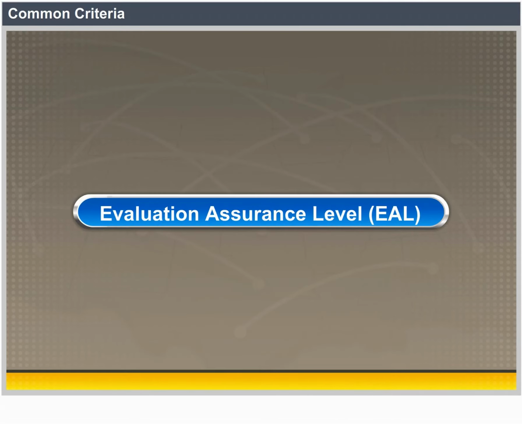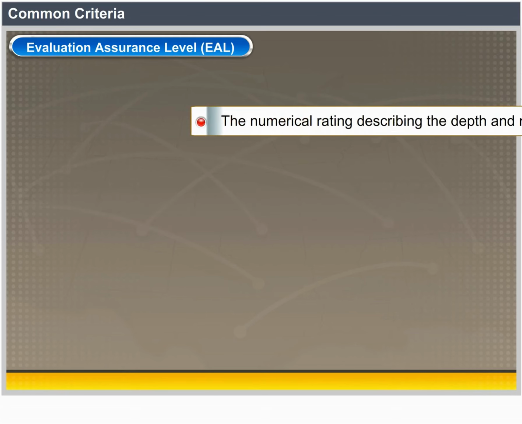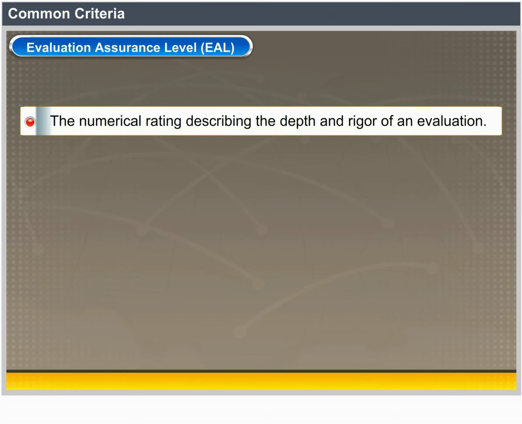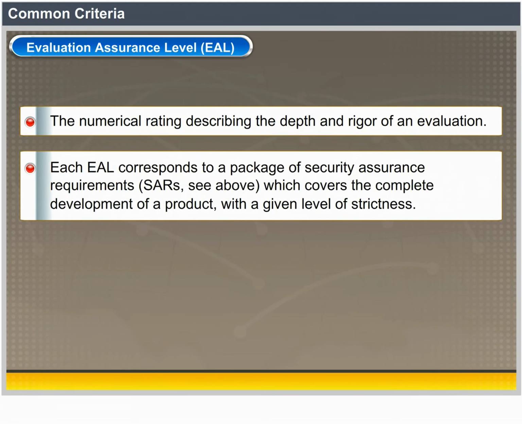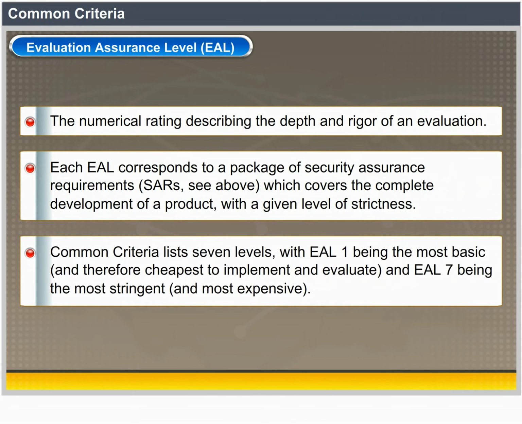Evaluation Assurance Level (EAL). The numerical rating describing the depth and rigor of an evaluation. Each EAL corresponds to a package of security assurance requirements, SARs, see above, which covers the complete development of a product with a given level of strictness. Common Criteria lists 7 levels, with EAL 1 being the most basic and therefore cheapest to implement and evaluate, and EAL 7 being the most stringent and most expensive.